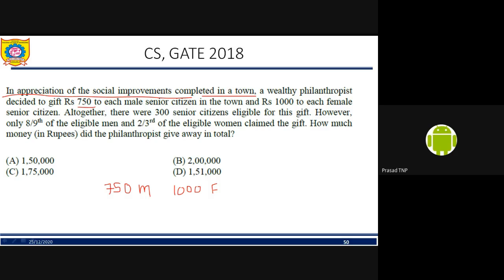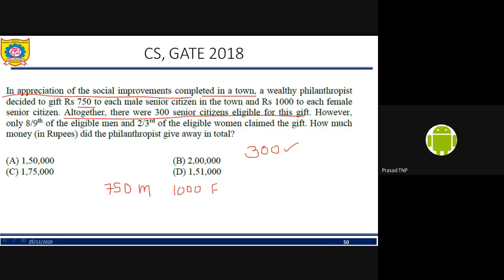Altogether, there were 300 senior citizens eligible for this gift. So total are 300 senior citizens. Fine. So total senior citizens are 300, it is given.